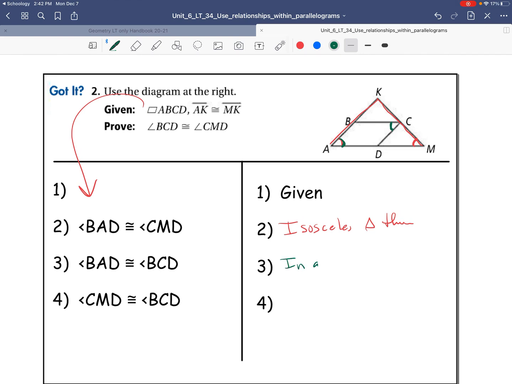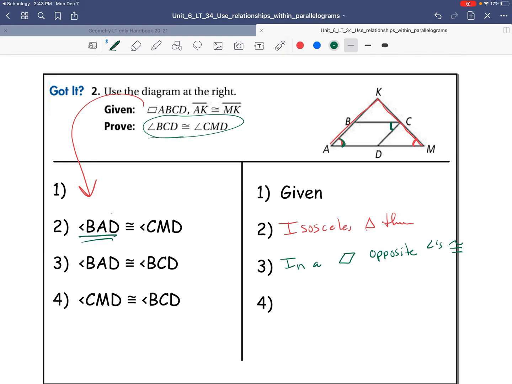Because in a parallelogram, opposite angles are congruent. And it's given that it's a parallelogram. So now I've got these three angles all equal to each other, so I can say angle CMD is congruent to BCD, which is what I want to prove, by the transitive property, because they're both equal to BAD.